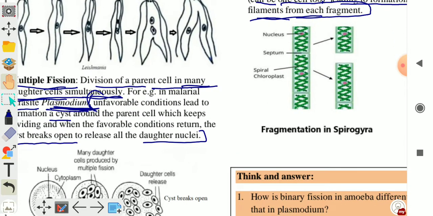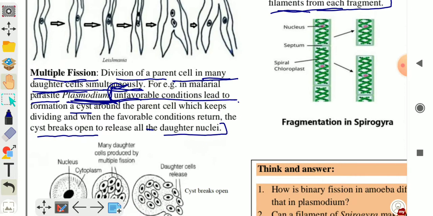This is your answer: unfavorable conditions lead to formation of a cyst around the parent cell, which keeps dividing, and when the favorable conditions return, the cyst breaks open to release all the daughter nuclei. This phenomenon is known as cyst formation, and this is the importance of cyst formation in Plasmodium.